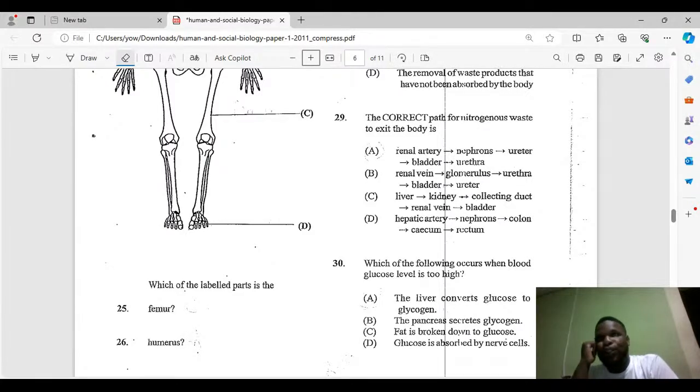So blood will be coming into the kidney through the renal artery. Because remember, arteries carry blood to, right? So the renal artery will be carrying blood to the kidney, basically to the glomerulus.